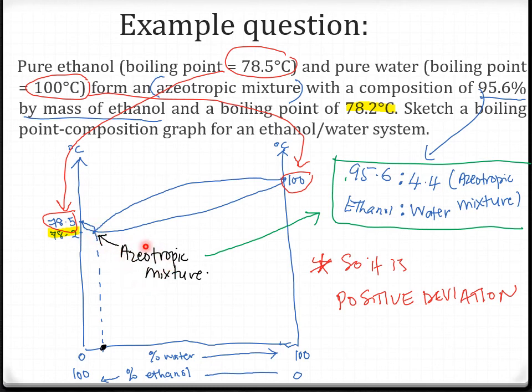So the azeotropic mixture contains 95.6% ethanol and 4.4% water. So you need to label the azeotropic mixture. And from the curve of the graph, we know that it is positive deviation. So you must be able to indicate positive deviation or negative deviation based on the curve of the given system.